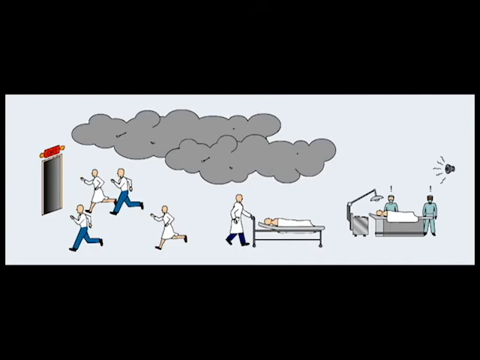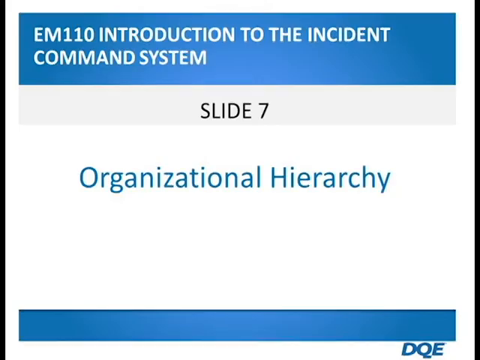Now, instead of a small event, the hospital has an evolving emergency that rapidly expands beyond the capabilities of single resources, requiring significant additional resources and operational support. How this emergency is managed will impact employee and patient safety, as well as the delivery of care.